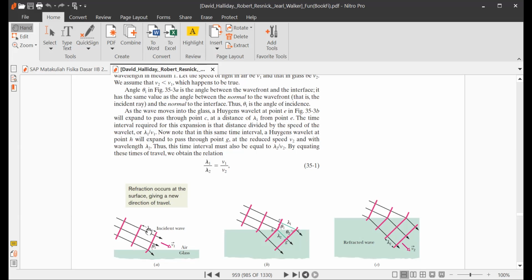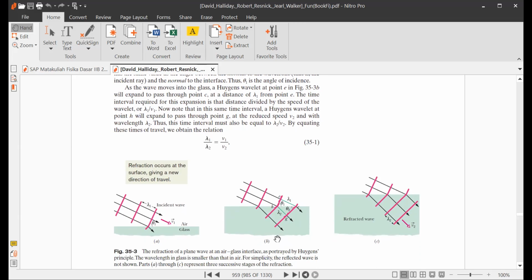And this lambda 2 is the wavelength in the glass, after the light comes inside this second medium. And also the speed of light is different in the air and in the glass. Okay.